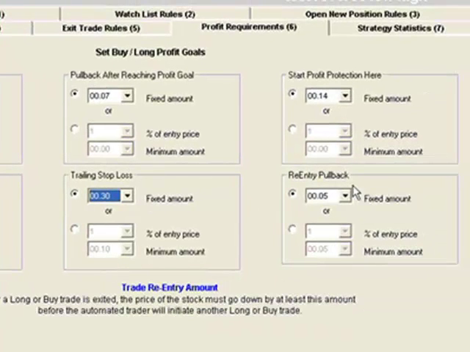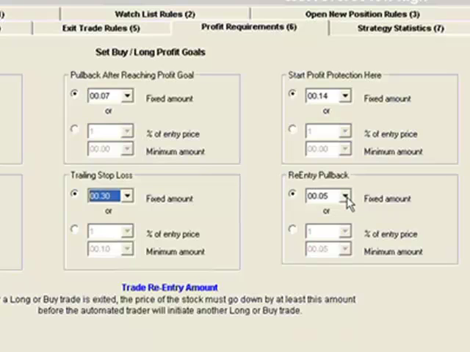And then the re-entry pullback simply says that once I close a position, the stock price has to move by this amount before I even consider going back into it. Because it's an automated trader, you may have exit rules that take you out of a trade, but then immediately your open position rules might all be true.